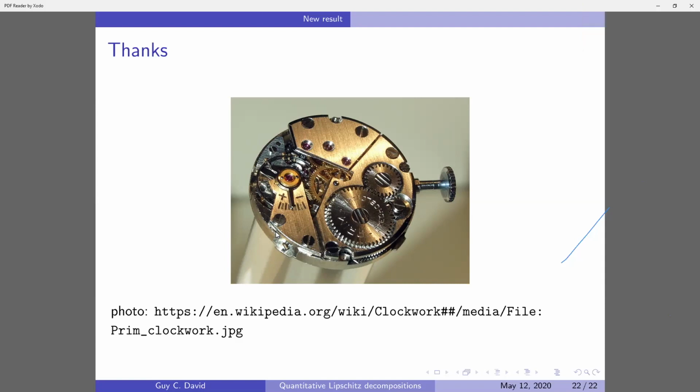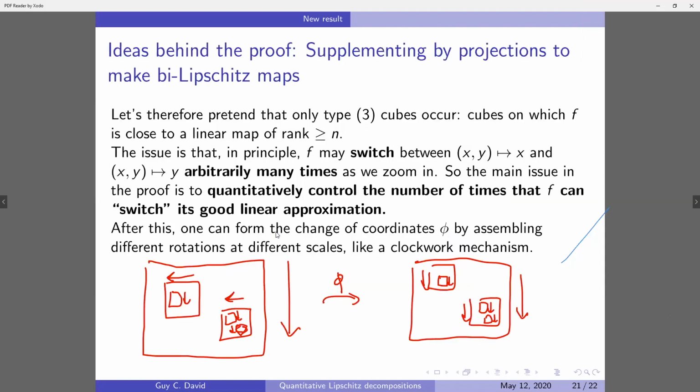So in your proof, the last slide, what do you mean by many scales? So you pass from the very top scale, the unit cube, and you look down the dyadic scales. You keep proceeding down until you find a cube on which your mapping is not well approximated anymore by the linear map that you were using before, right?